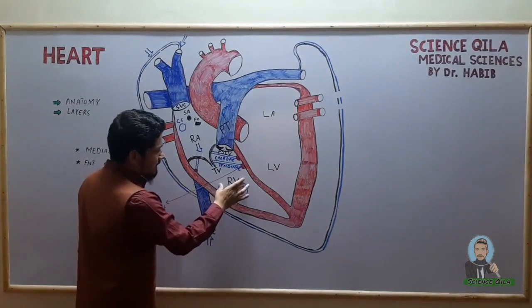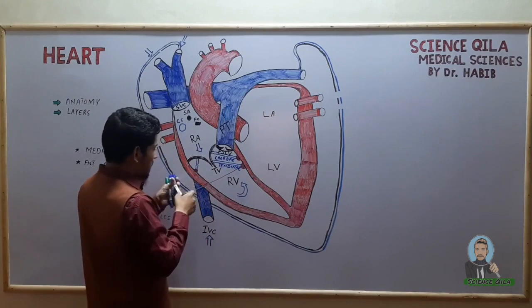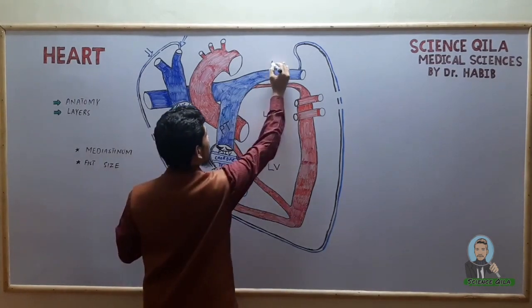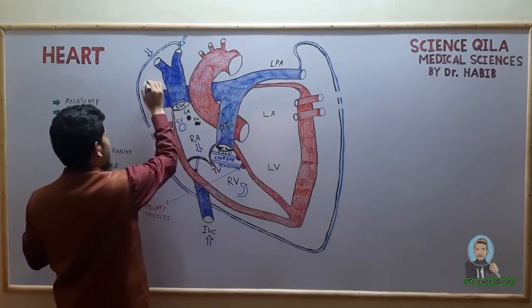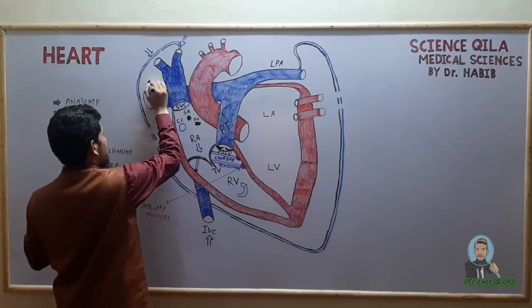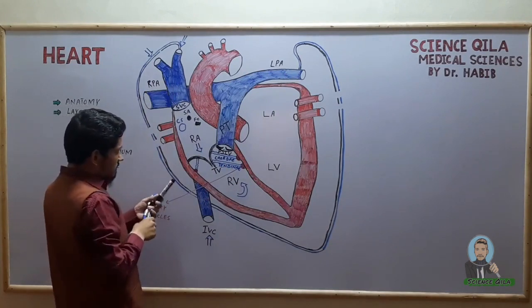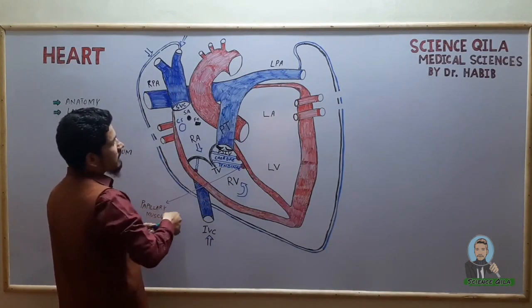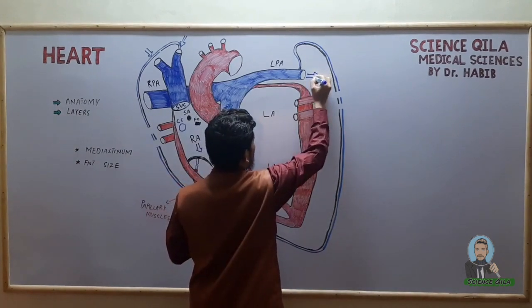The blood in the right ventricle will be pumped into the pulmonary trunk, and this is divided into the left pulmonary artery and right pulmonary artery. So this deoxygenated blood will be carried to the lungs through the right and left pulmonary arteries.